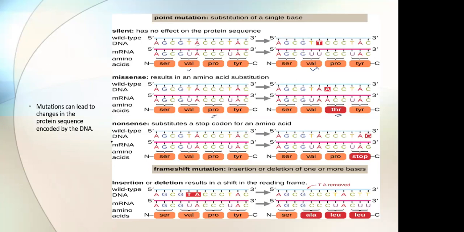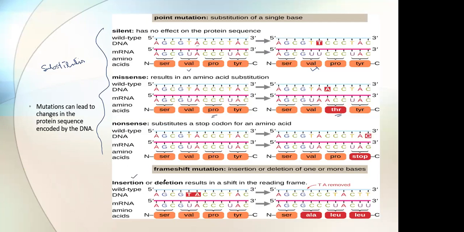So that's the nonsense. Insertion or deletion results in a shift in the reading frame. All of this point mutation can happen if it is substitution, where one codon got substituted with another one. So that's the point mutation, and there are 3 different types of point mutation.